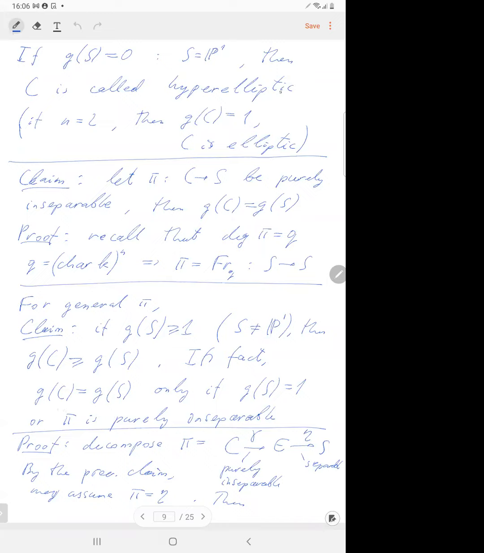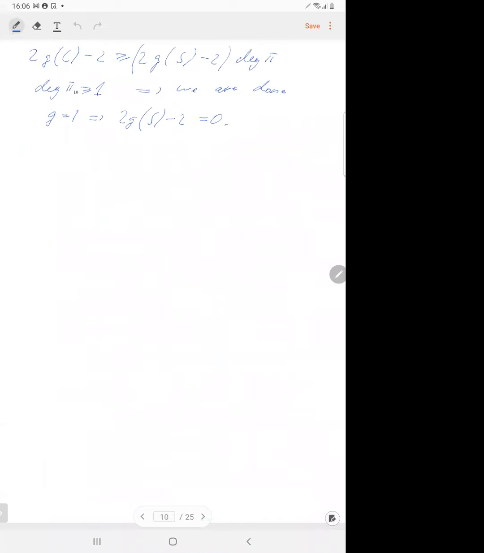That's true. And if the genus of the base is bigger than 0, then it'll be a strict inequality. Yes, so I think that's evident. What's the question once again?